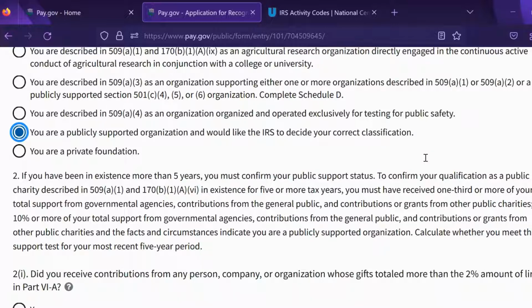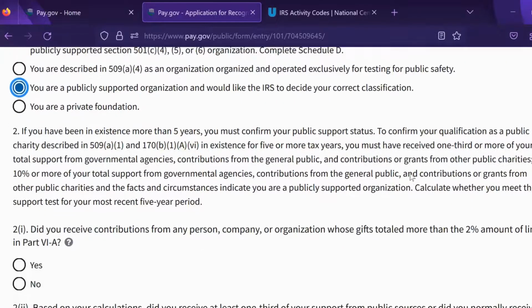To confirm your qualification as a public charity described in 509(a)(1) and 170(b)(1)(A)(vi), in existence for 5 or more tax years, you must have received 1/3 or more of your total support from government agencies, contributions from the general public, and contributions or grants from other public charities, or 10% or more of your total support from those sources, and the facts and circumstances indicate you are a publicly supported organization. Calculate whether you meet this support test for your most recent 5-year period.